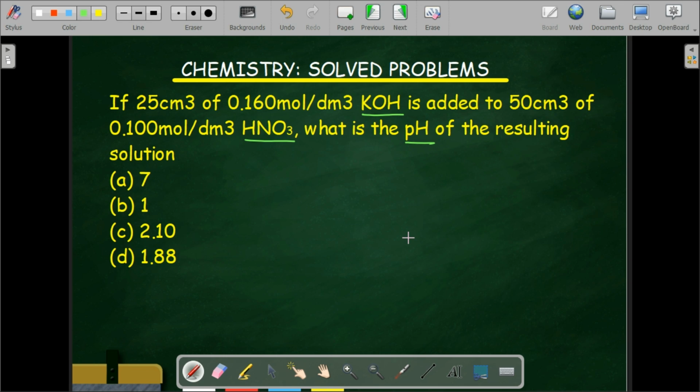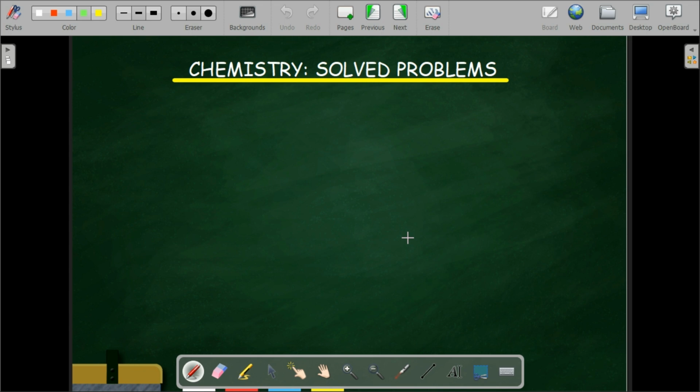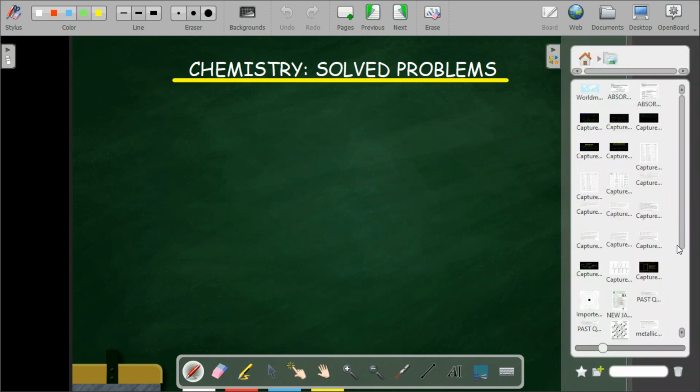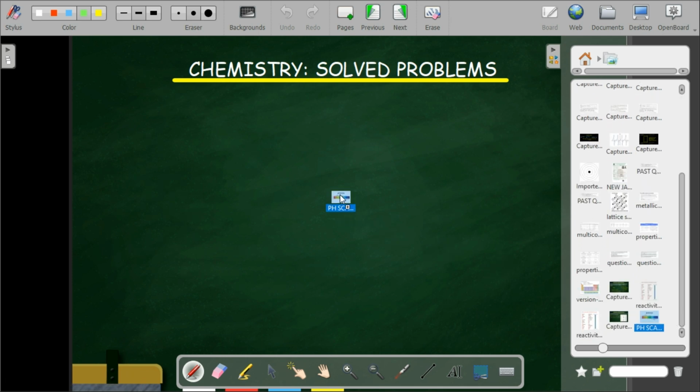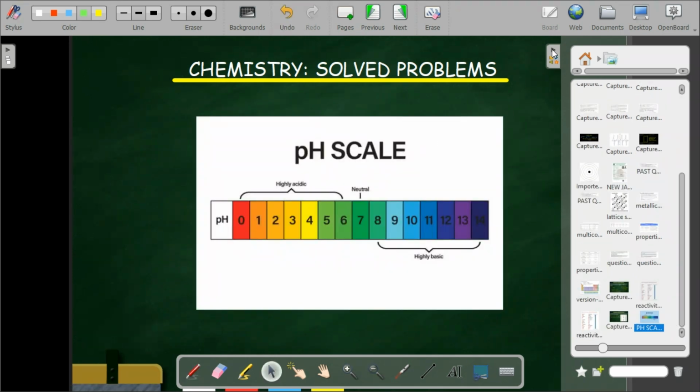How do we calculate pH of a substance? Generally, pH is calculated as the negative logarithm of hydrogen concentration. So, let me bring in what we call the pH scale. So we have to understand the concept of pH very well.